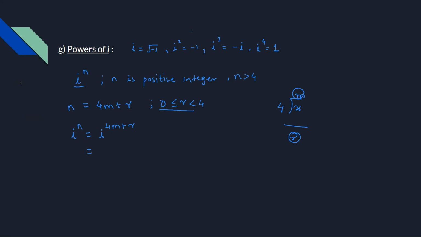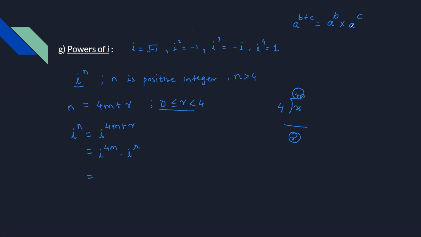I will split this. We have the property that a raised to b plus c can be written as a raised to b into a raised to c. In the same way I'm going to write this as I raised to 4m into I raised to r.